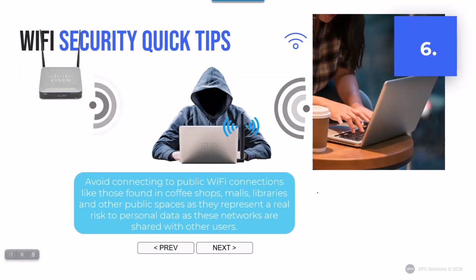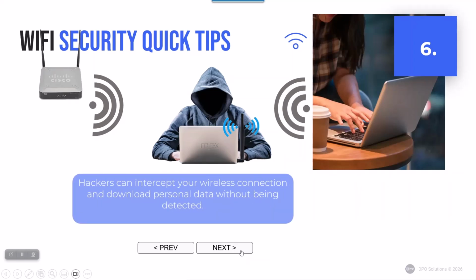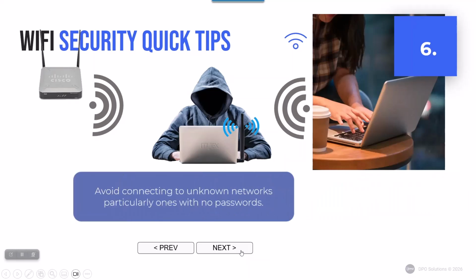So here are some Wi-Fi security quick tips to help you further. Firstly, avoid connecting to public Wi-Fi connections like those found in coffee shops, as I mentioned in the previous slide. And remember, hackers can intercept your wireless connection and download personal data without being detected. Avoid connecting to unknown networks, particularly ones with no passwords.